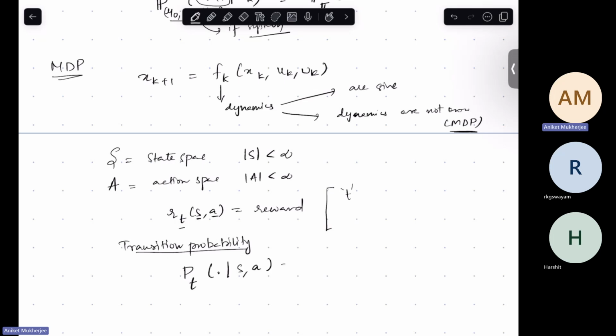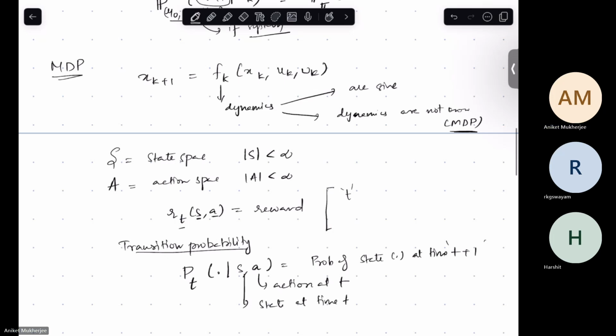This gives you the probability of the state being s' at time t plus 1. This is your action at time t, and this is your state at time t.